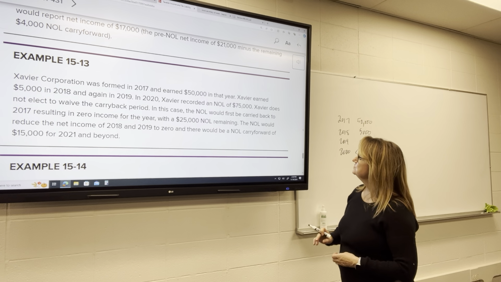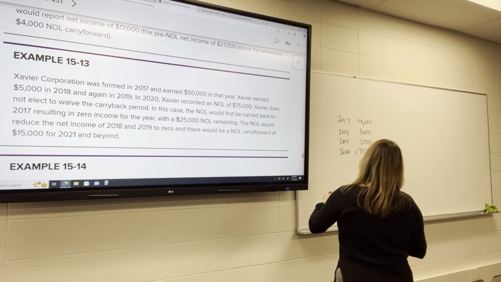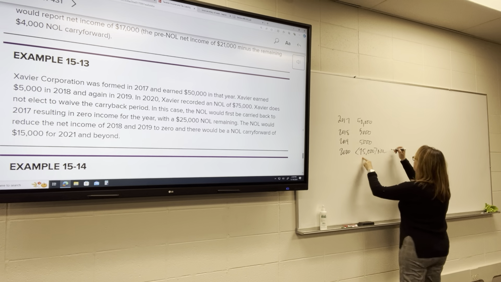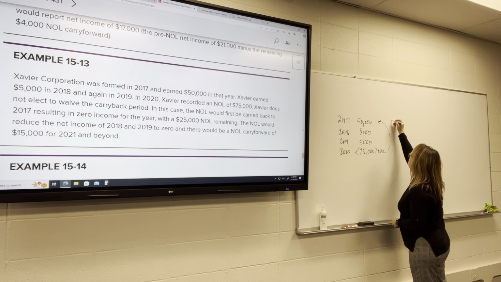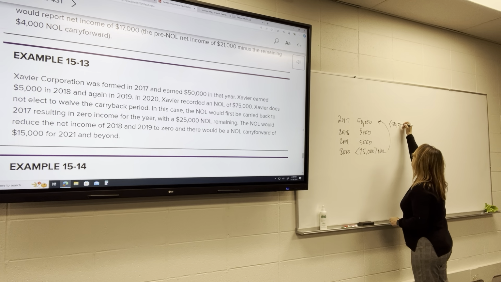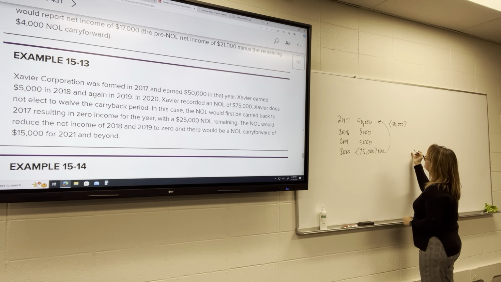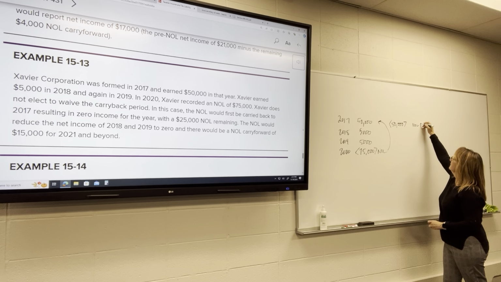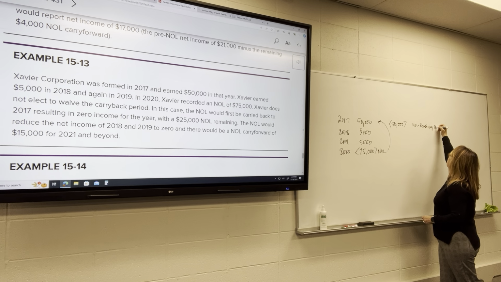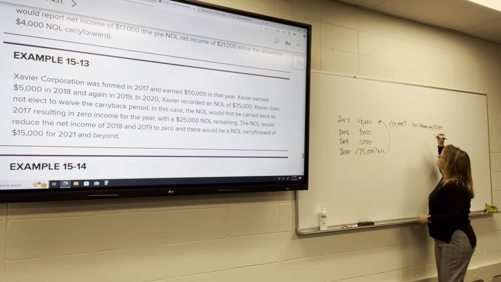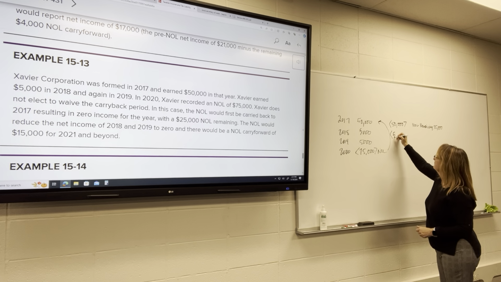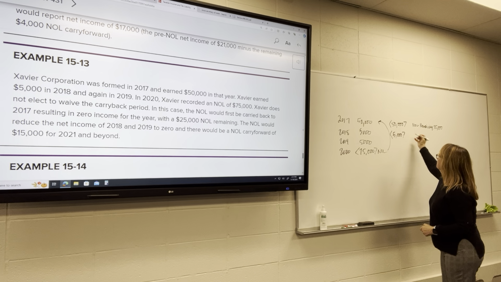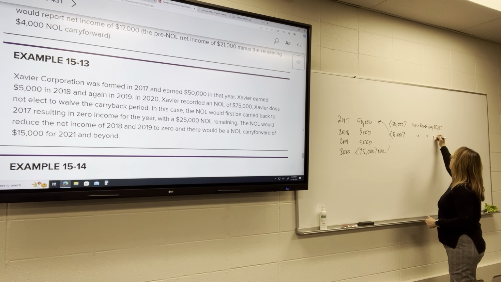So the first thing they're going to do is carry back to here, 50,000. So they've got NOL remaining of 25. And then we're going to take 5,000. 20.